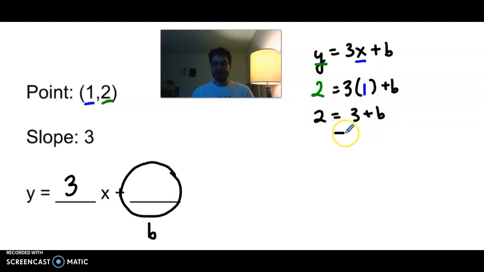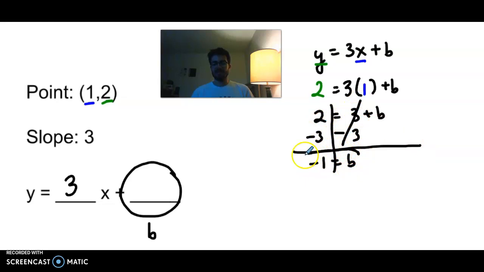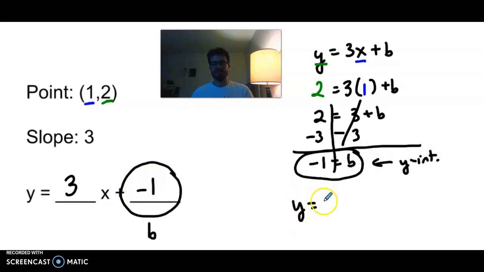If I subtract 3 from both sides, I get -1 equals b. So I have my y-intercept. So I can put it right here. So my equation is y is equal to 3x minus 1.